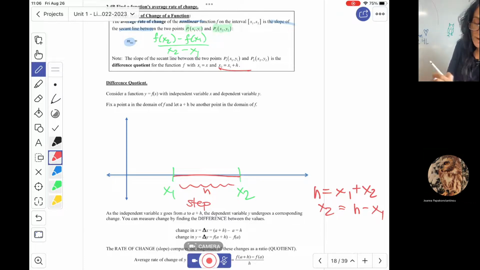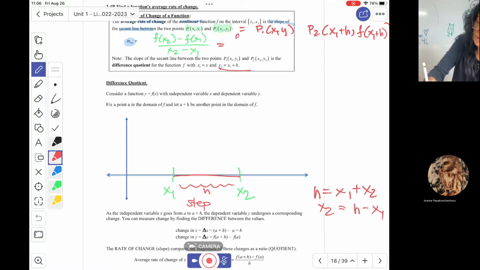So I could rewrite these points, instead of x1 and x2, as point 1 being x1, y1 still, but point 2 would be, instead of x2, x1 plus h. And the output would be the function evaluated at x1 plus h.